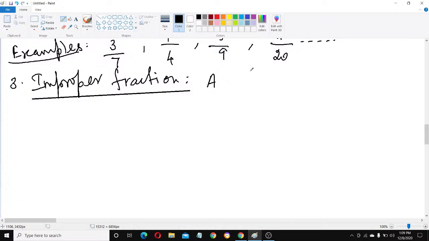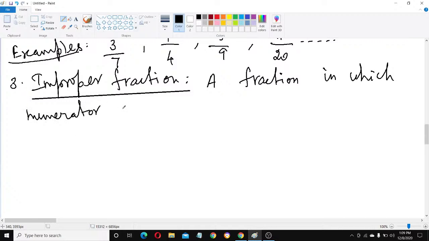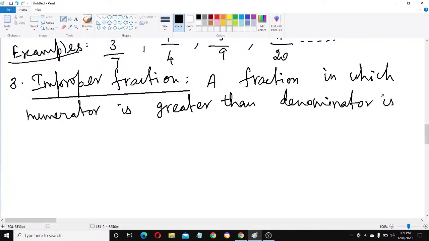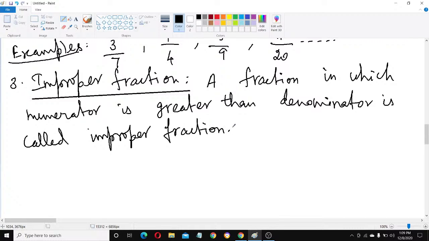So a fraction in which the numerator is greater than the denominator is called an improper fraction. So what is an improper fraction? A fraction in which the numerator is greater than the denominator is called an improper fraction.